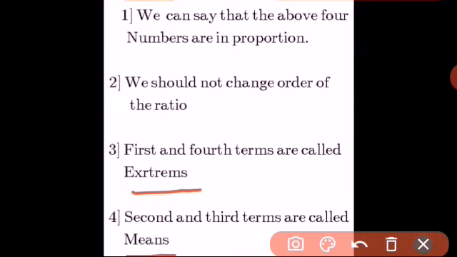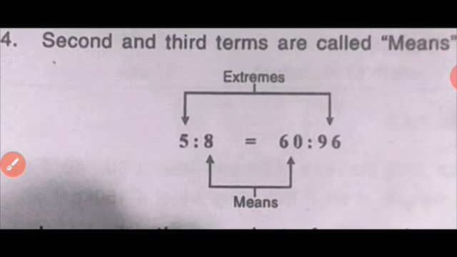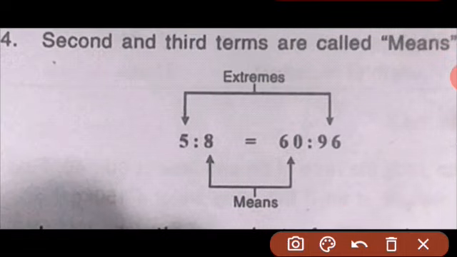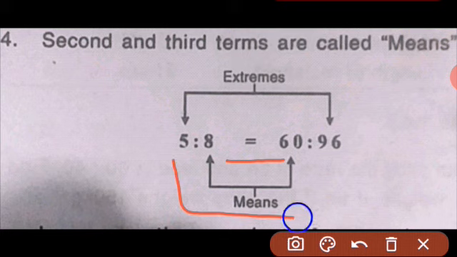This is the actual arrangement of a proportion. Here 8 and 60 are both means, and 5 and 96 are the extremes.